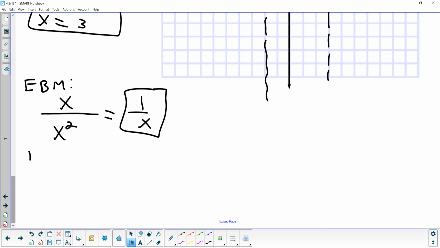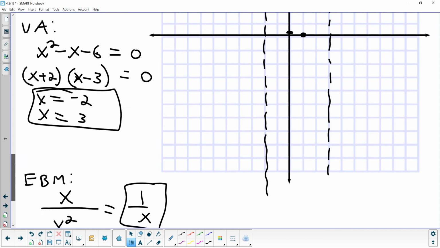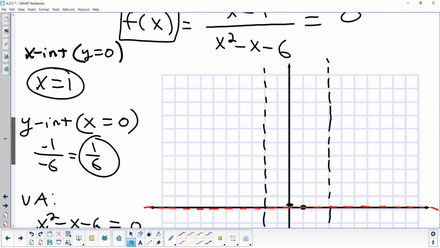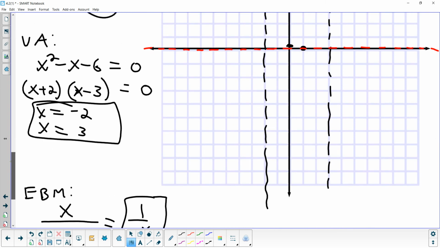Now, let x approach infinity, and tell me what happens to that fraction. What will that fraction approach? 0. Okay, so we have a horizontal asymptote at 0. Just because the axis is already black, I'm going to do it in red. So we've got the x, the y, the verticals, the horizontals.